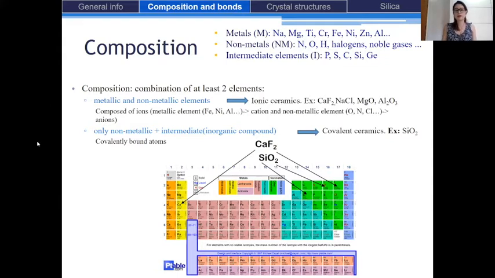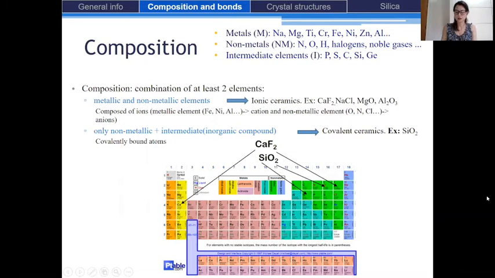But we also find ceramics composed of only non-metallic and intermediate inorganic compounds, which is the case of silicates that are composed basically of silicon and oxygen. In that case, these elements are bonded together by covalent bonding.